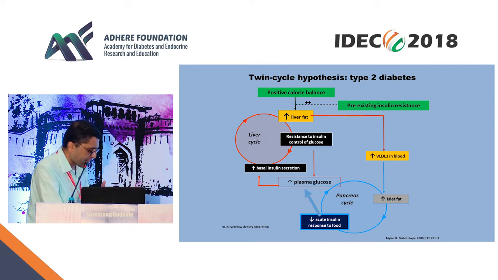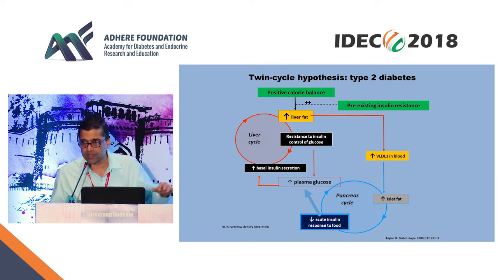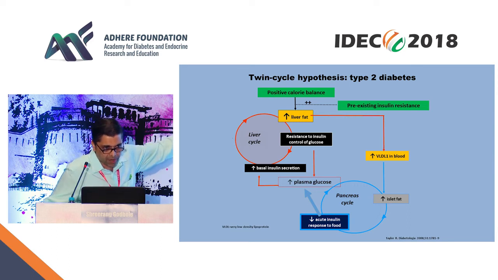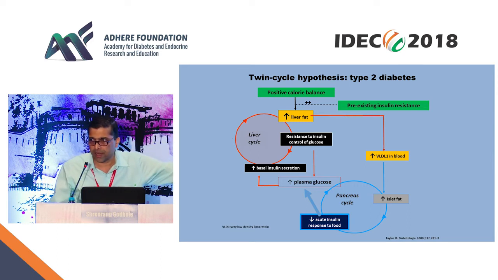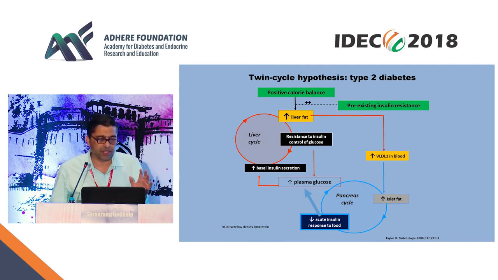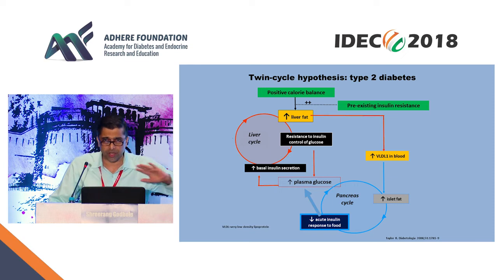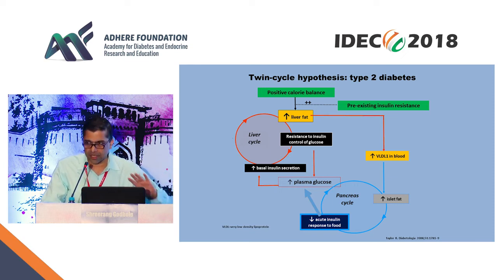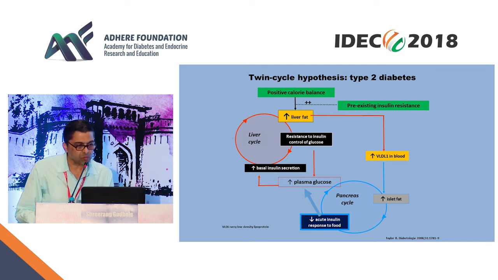So another vicious cycle is set off at the level of the pancreas. So the vicious cycle at the level of the liver comes first, followed by the vicious cycle at the level of the pancreas. And it is thought that if the pancreatic islet cells are exposed to mild hyperglycemia and increased triacylglycerol over a period of 2 years, that can permanently damage the islets and can lead to sustained or definitive type 2 diabetes.